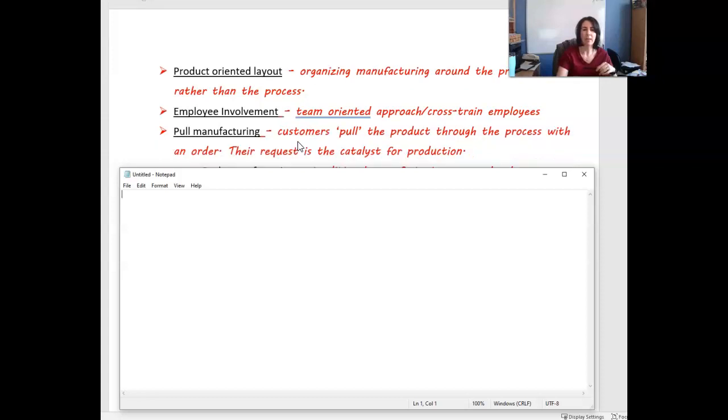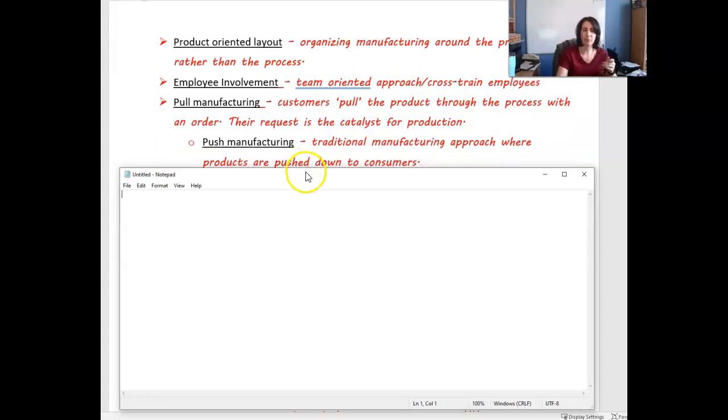This just-in-time lean manufacturing is actually considered pull manufacturing. What pull manufacturing is, it's as if customers drive the manufacturing process. That customer picking up the phone and saying, I need a dozen pencils, is what's driving the manufacturing process, right?